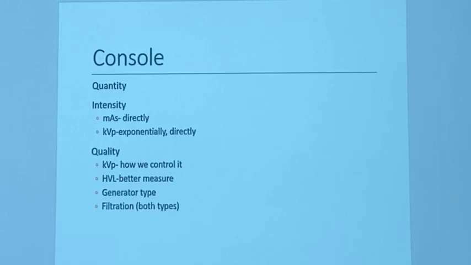And remember, inherent filtration does not stay the same over the life of the tube. How does it change? The tanning of the tube, so we get that lining of tungsten on the inside of the tube that increases that inherent filtration, right? And the other type is added filtration, and that's exam specific.